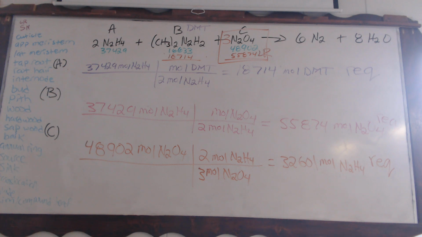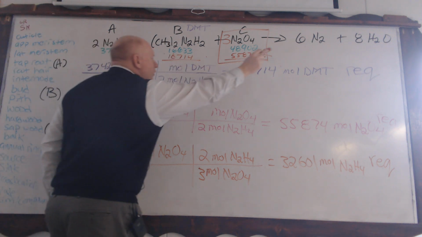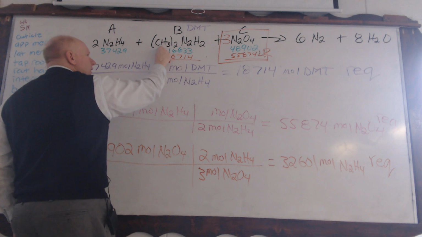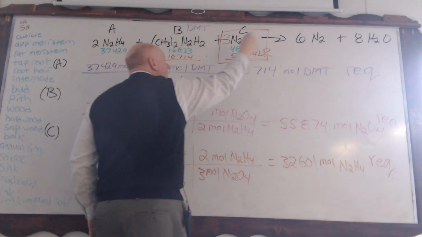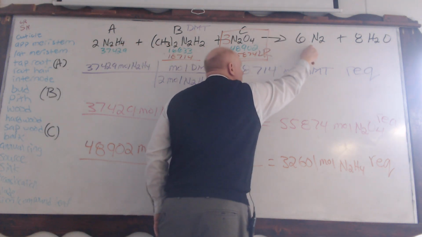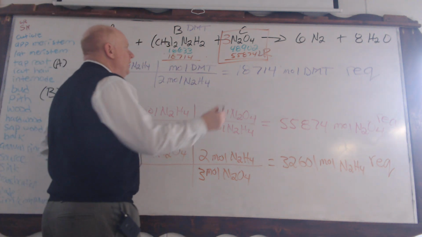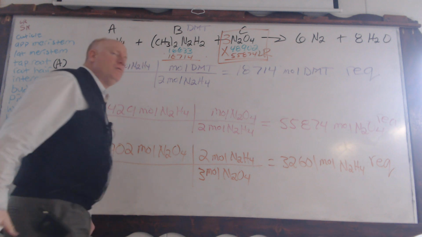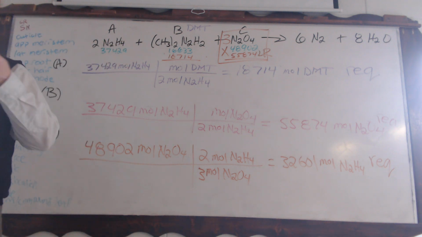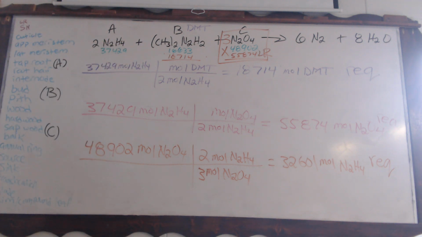It's a little shorter, but maybe it's easier to make a mistake. Or if you change grams of this to nitrogen, it gives you a number. Grams of this to nitrogen gives you a number. Grams of this to nitrogen gives you a number. The one that is the smallest, which would be this one, would be your limiting reactant. It's a different way of solving for it.